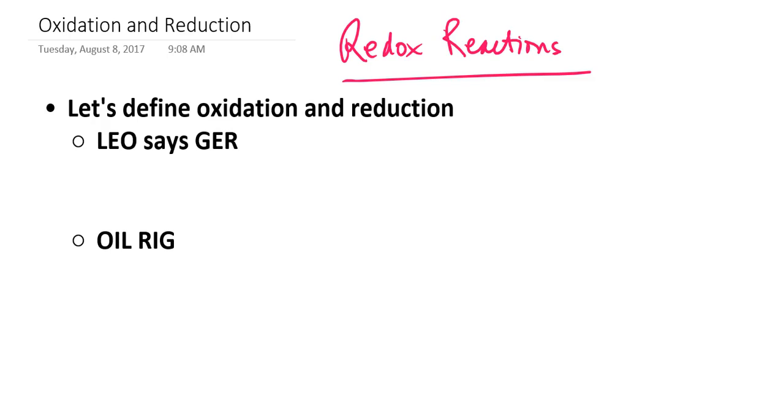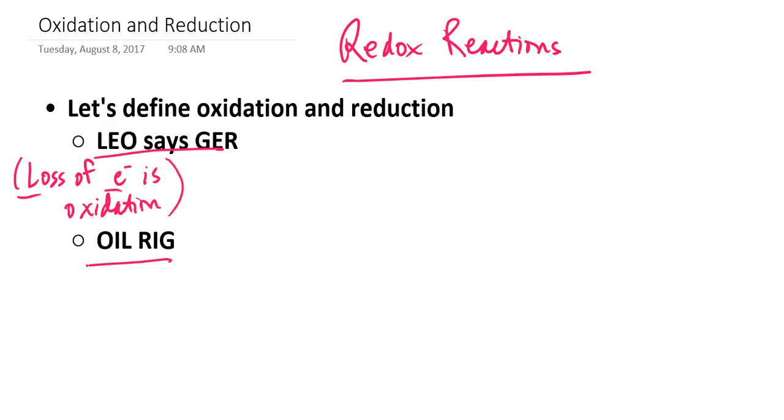So in order for us to understand, and not only understand, but also remember which process represents which gain or loss of electrons, then we have these two mnemonic phrases. These phrases are designed to help us remember exactly what's going on. Basically, Leo says Ger is really all about understanding that the loss of electrons is oxidation.